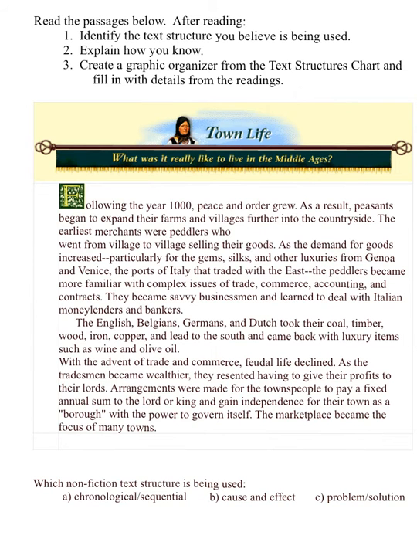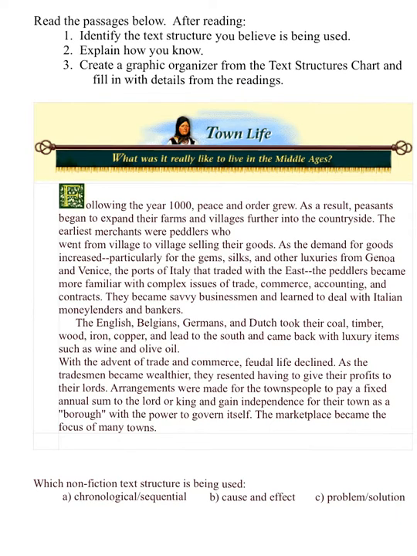So looking at this town life article, I'm going to be going through it, reading it with you, and then highlighting some of the key ideas or words that would help me figure out what the author's purpose is for writing this article. Is it chronological sequence? Is it cause and effect? Is it problem solution? Is it descriptive? So follow along with me if you have your article open, and then we'll answer the first couple together, and then I'd like you to finish the last few by yourselves.